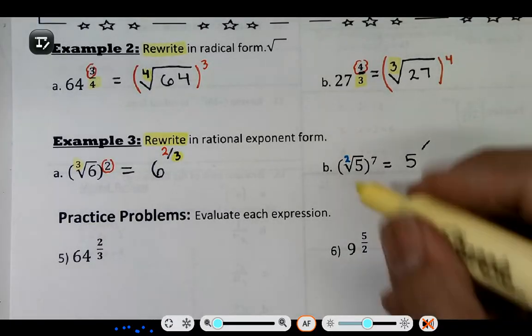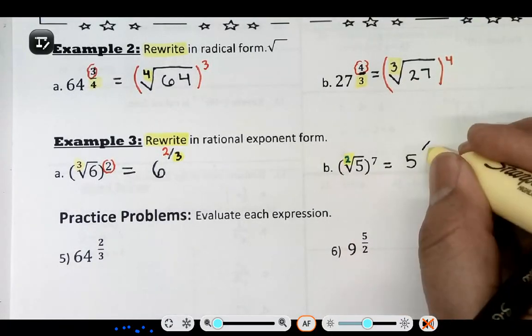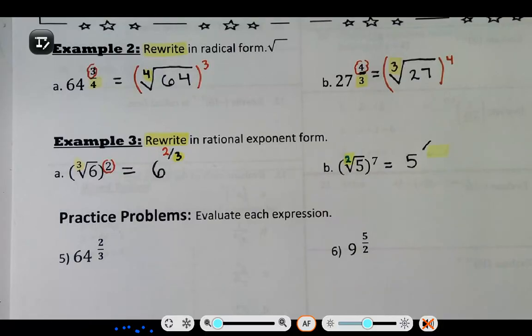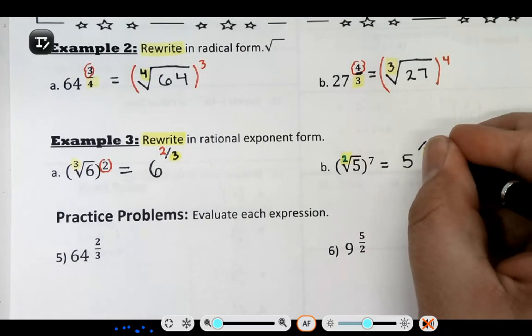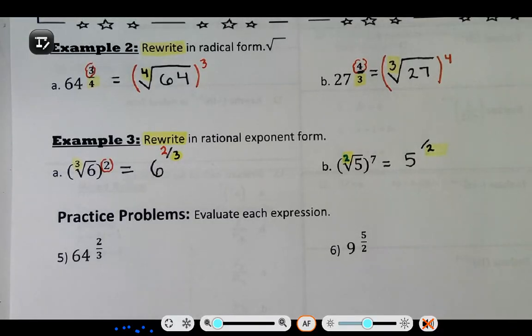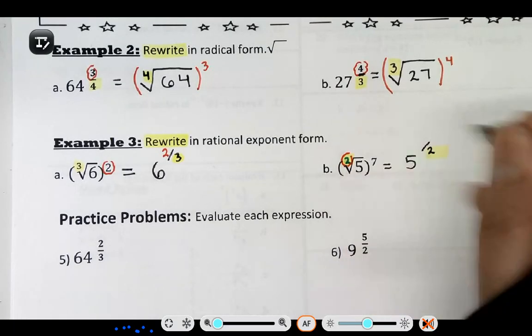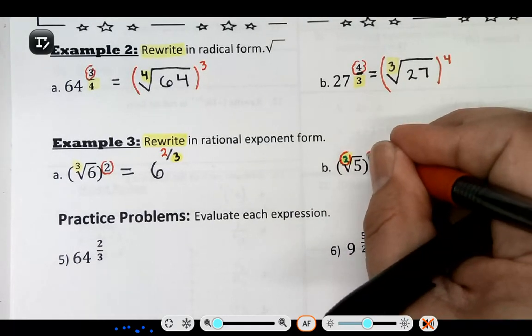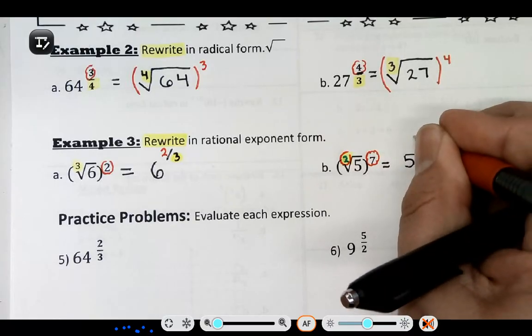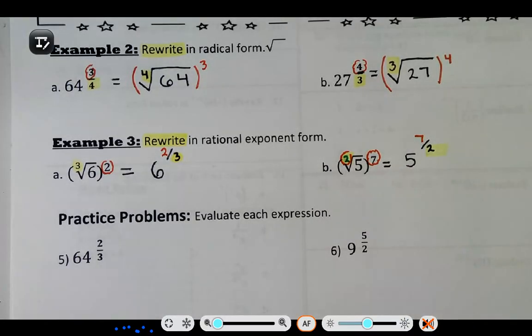And of course, my index is 2, so my denominator is 2. The 2 right here, my index, is down at the bottom. But that power of 7 goes on top. And that's my answer. Again, we are just rewriting.